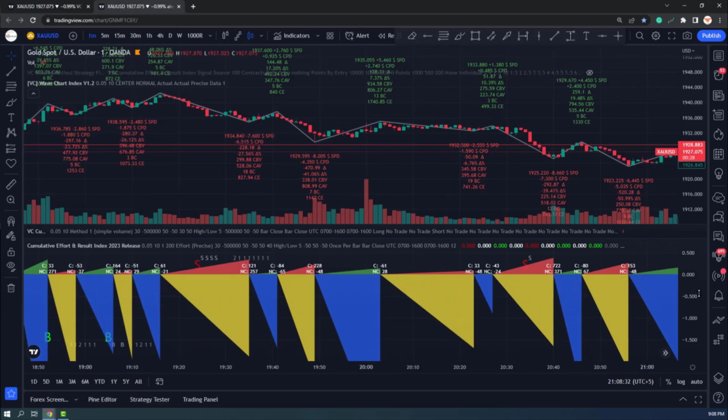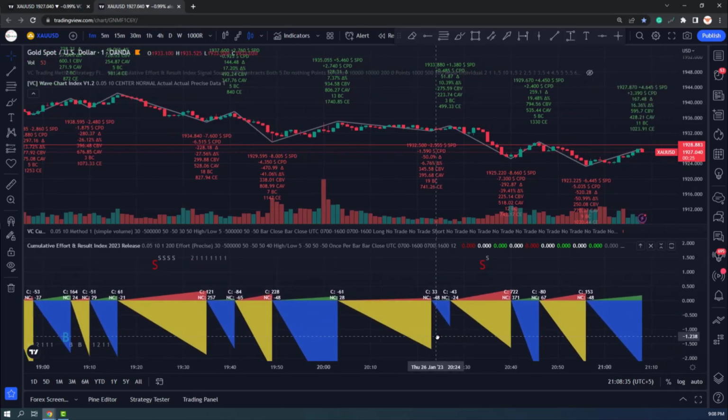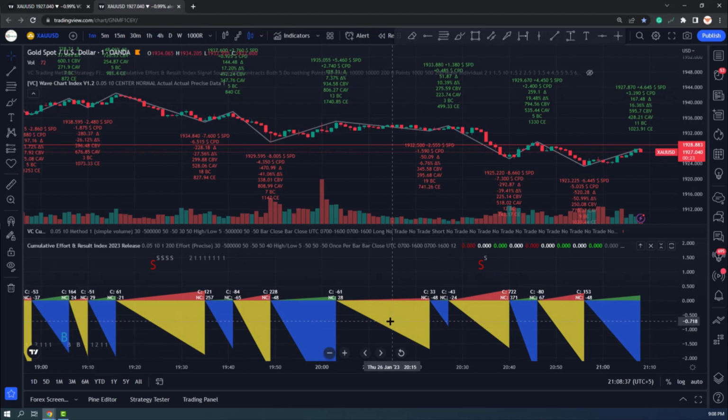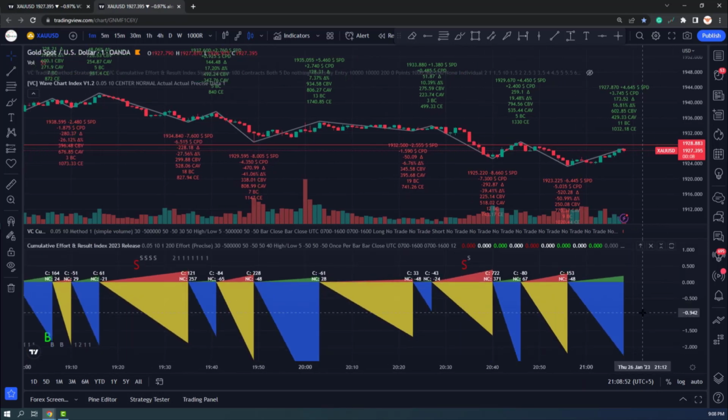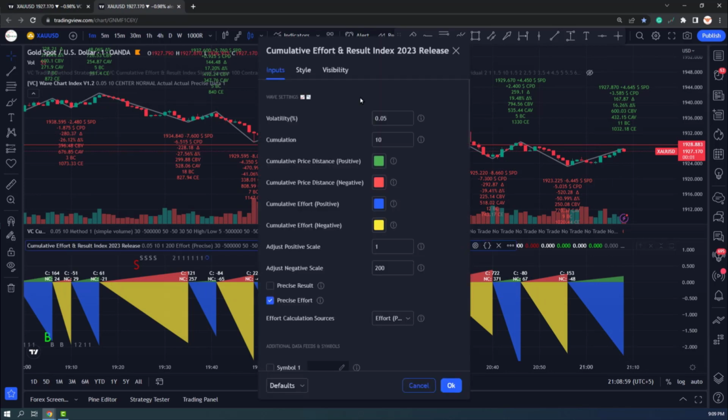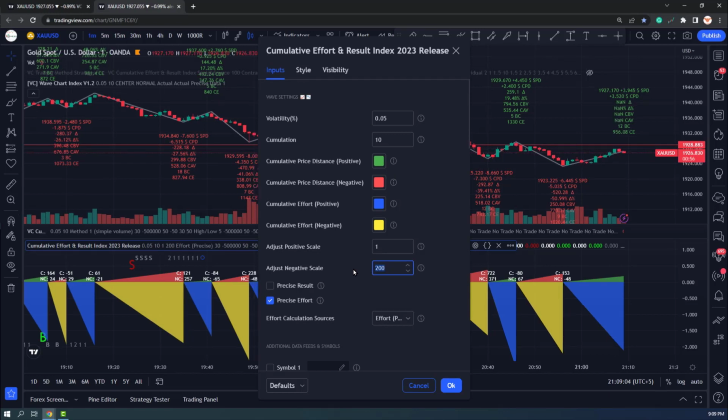So you just need to adjust it according to your preference. It will not affect your actual analysis, it is just for visual purposes. So how will you adjust it? We will decrease the negative scale. Go to this setting. Here the negative scale is set to 200. For example, let me put here like 20. Let's see how it works.